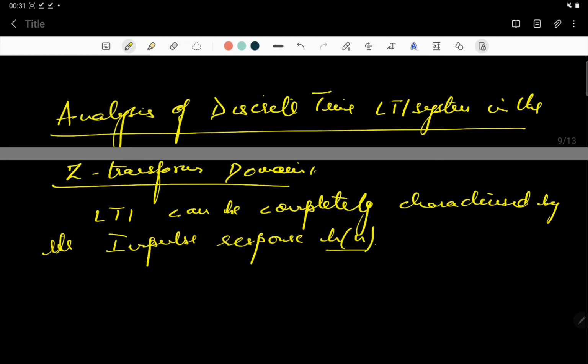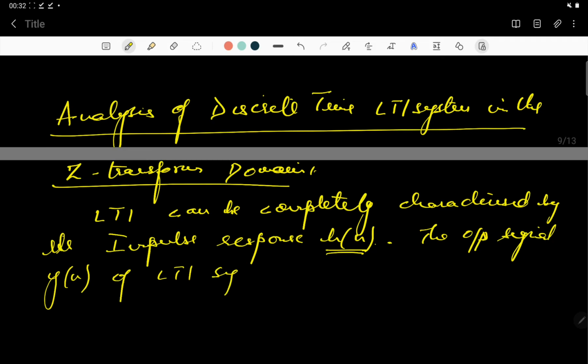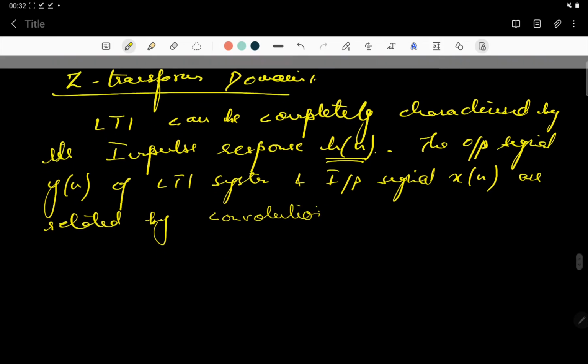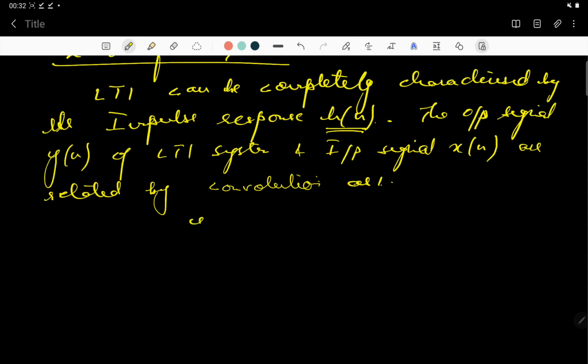The output signal y[n] of the LTI system and the input signal x[n] are related by convolution as y[n] equals h[n] convolved with x[n]. We have already studied that.